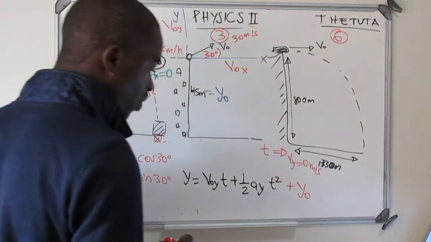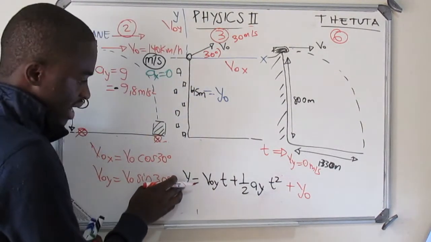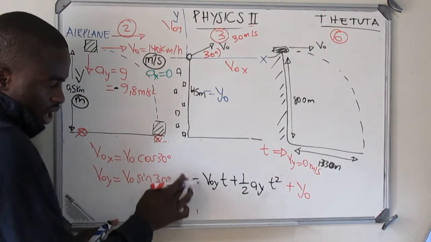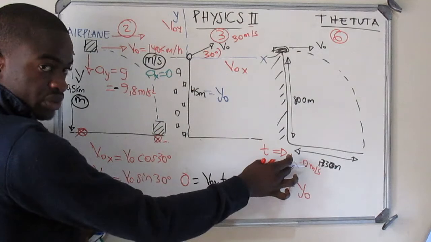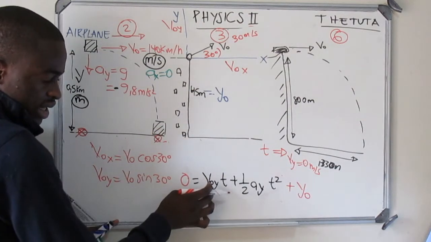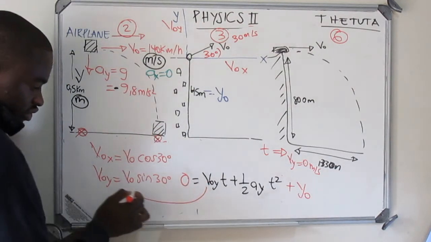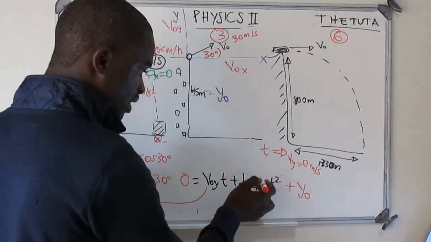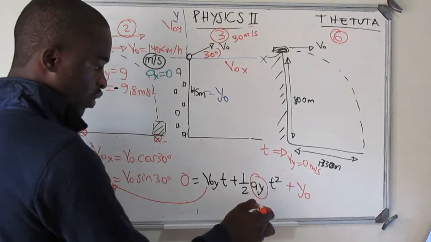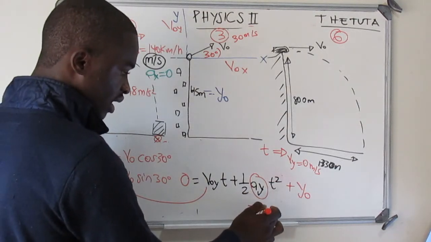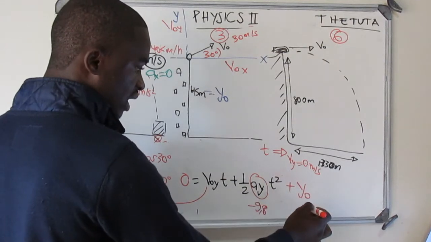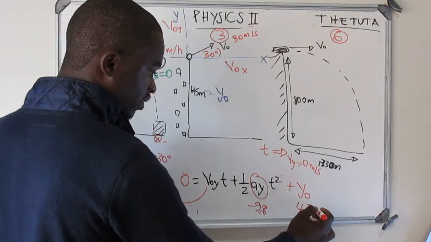And then remember, what did they say? The final y is going to be equal to 0 at the projectile time. And this velocity in y, we have calculated already. Acceleration in y, what do you say about it? It's going to be minus 9.8, always. And then the initial height is going to be 45.